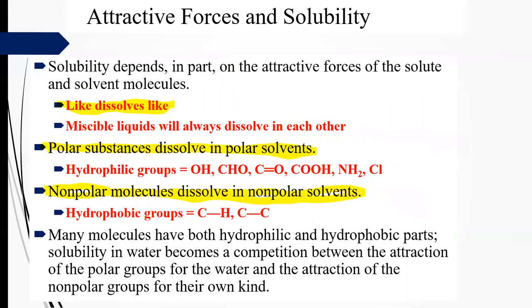Now this is great if you've ever tried to dissolve something like permanent marker. Permanent marker is generally nonpolar, so it doesn't dissolve well in water. It's why it becomes permanent. You could eventually get it out with a lot of soap and a lot of water scrubbing at it.